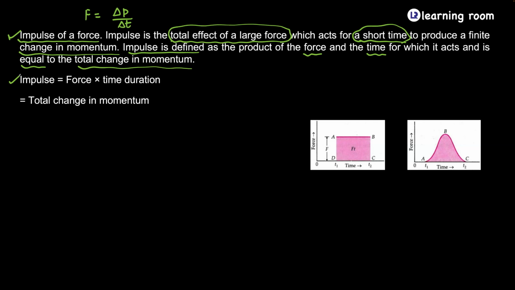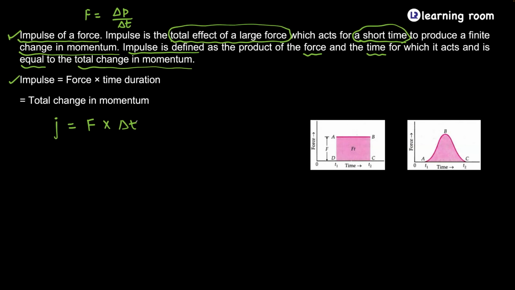Impulse is generally represented by the symbol J, and it is a vector quantity, because impulse is a vector quantity into a scalar quantity. So if I write J is equal to F into T, generally when I talk about time duration, you will not write it as T, rather you will write it as delta T, because it's a very small duration, maybe 0.1 seconds, 0.01 seconds.